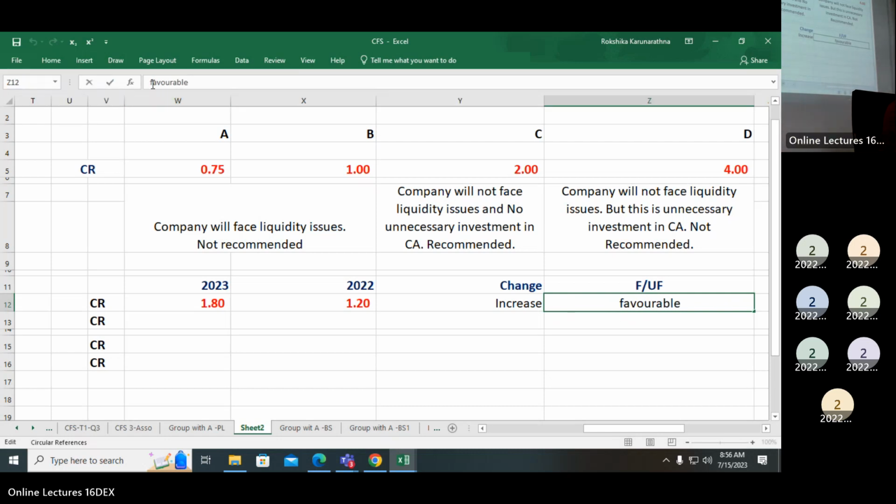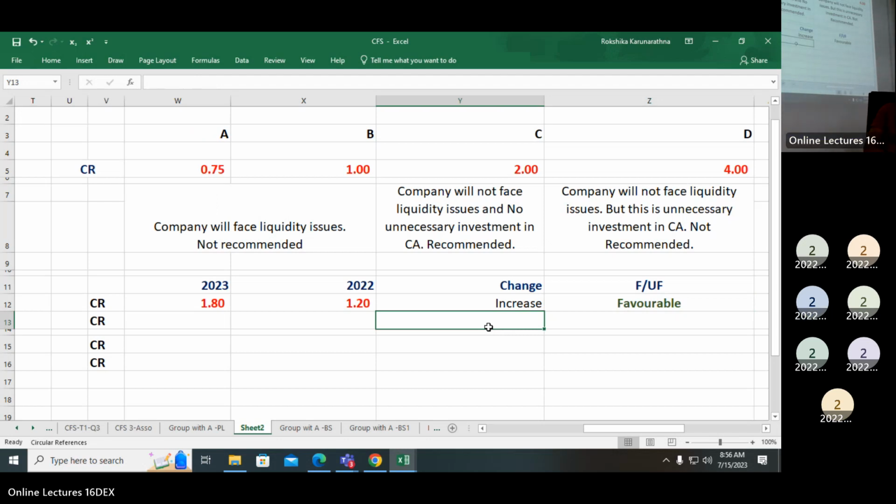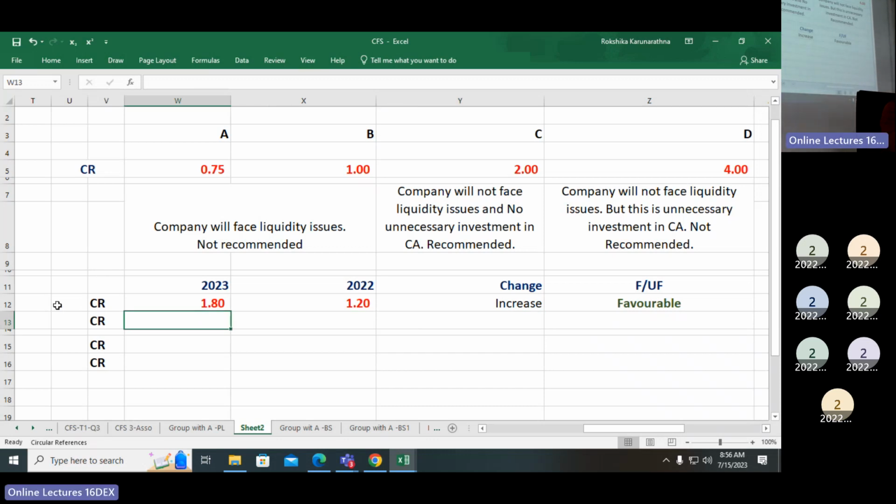Increase level. Another scenario: the current ratio of four companies A, B, C and D. Four companies' current ratios. There is one more company: last year 2.1, this year 3.1.